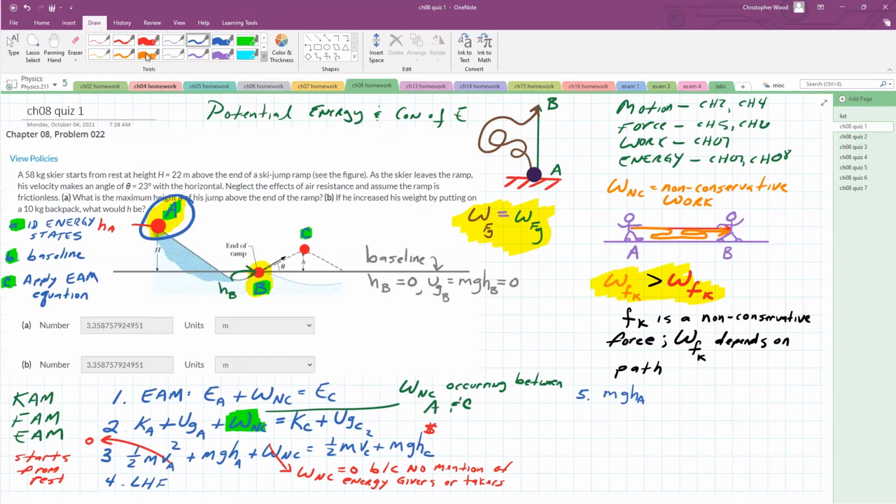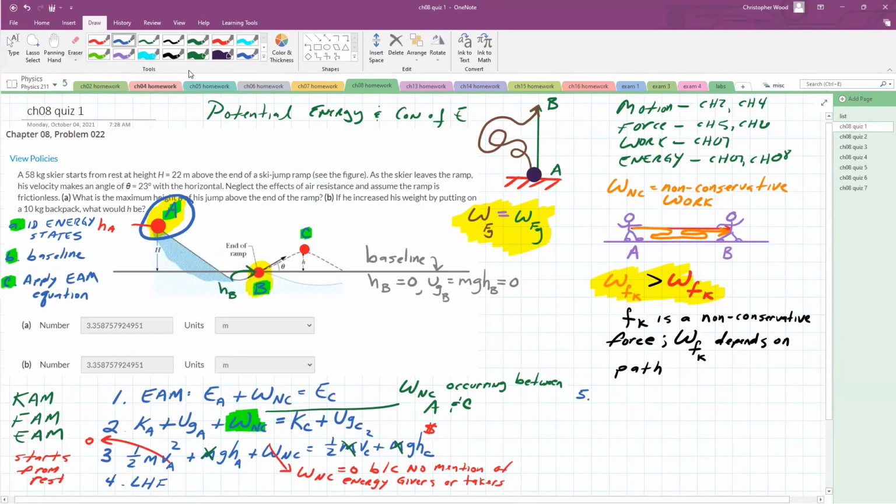I can cancel m's everywhere. So this mass cancels with that mass. That's an easy simplification to make. So here's where I am now in terms of my energy balance.